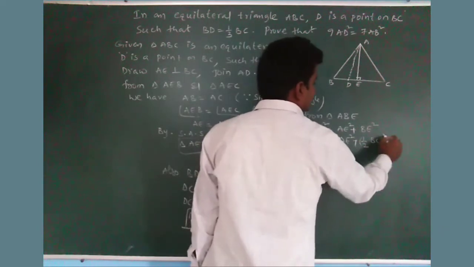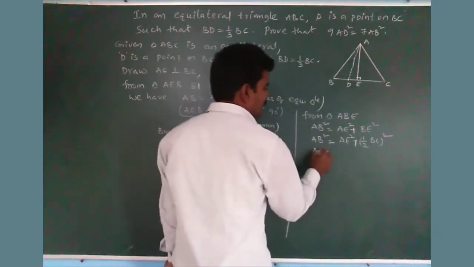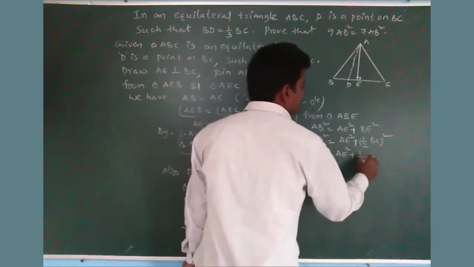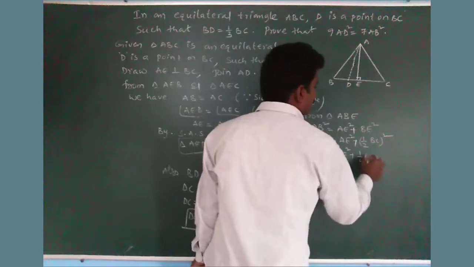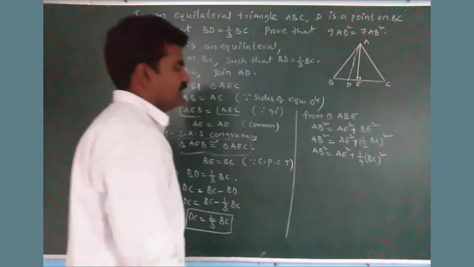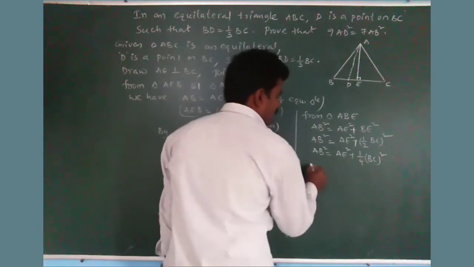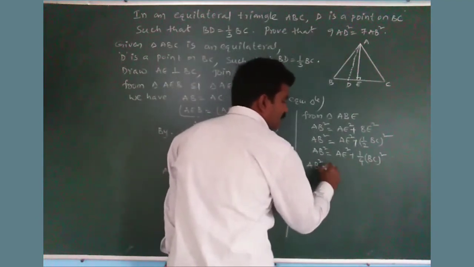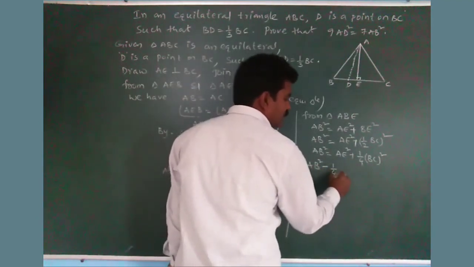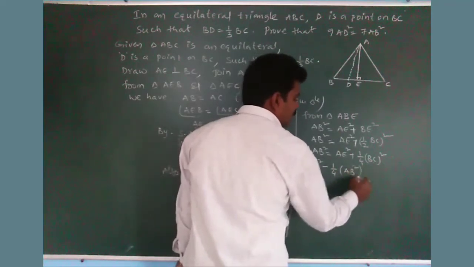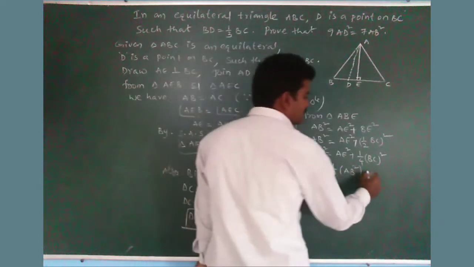I mean AB square is equal to AE square plus 1 by 4 BC square. Or else AE square is AB square minus 1 by 4 BC square, and because of the equilateral triangle all sides are equal.